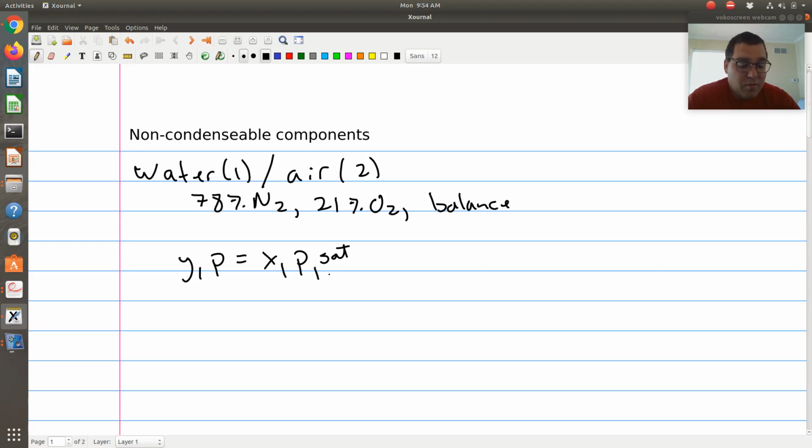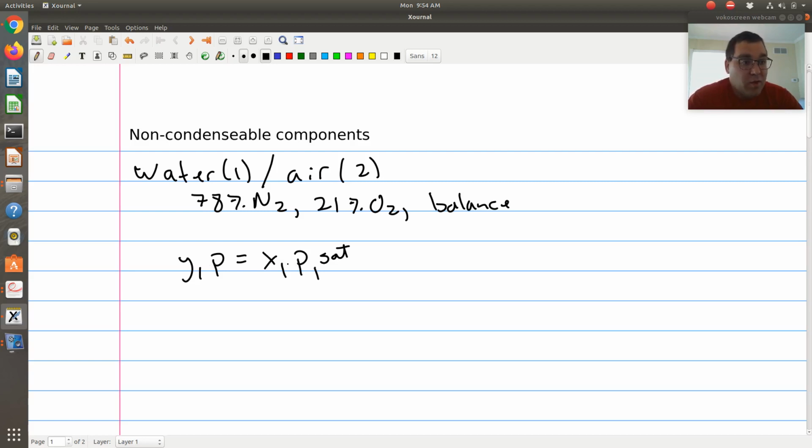In terms of thinking about what Raoult's law means and assumes, it's actually a really good assumption here. If I'm thinking about water and air at, say, 298 K and 1 bar, I'm at low pressures, so assuming my vapor phase is an ideal gas is going to be a good approximation.